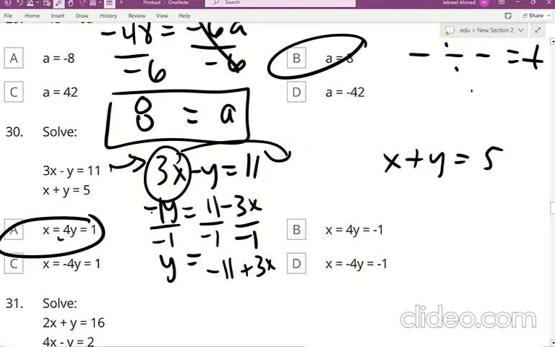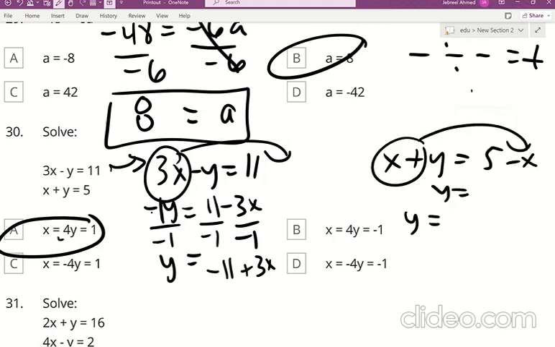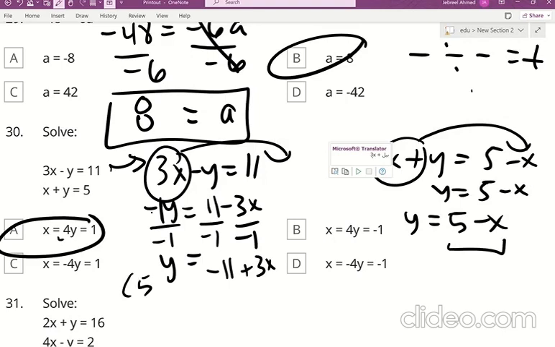Here, doesn't matter, I'll get y by itself again. I'll put the x here. y equals 5 minus x. So now I have two y values. I could substitute this 5 minus x and put it over here. Or, actually, you know what?